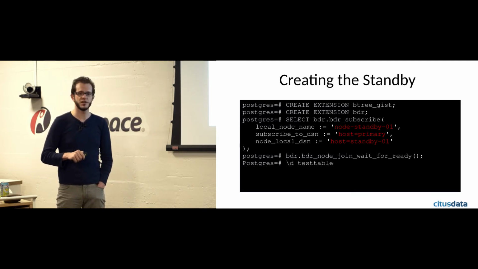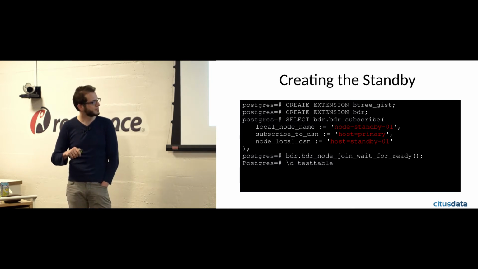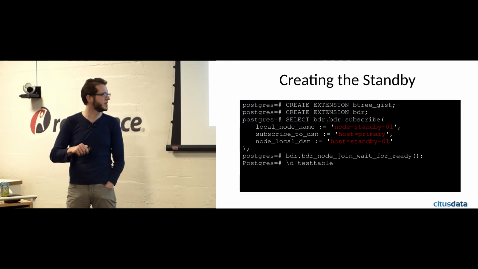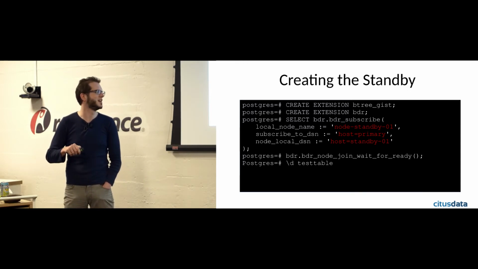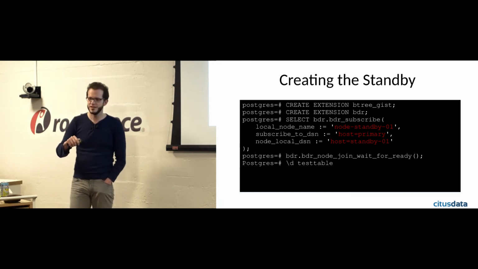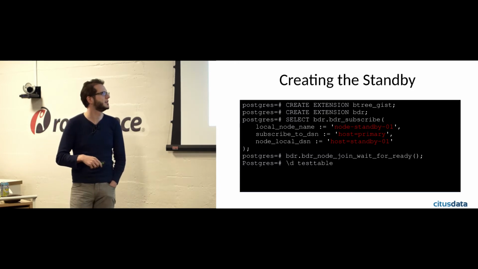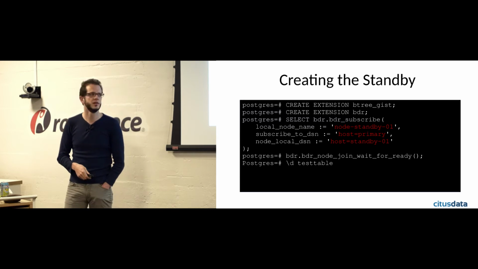And that will then start and do all the work in the background after it has done some basic checking. And as it's in the background, you can wait for the result using bdr.node_join_wait_for_ready. I don't know, that function name is too long, but whatever. And when that's done, it will have the existing data and from there on, you can receive changes.